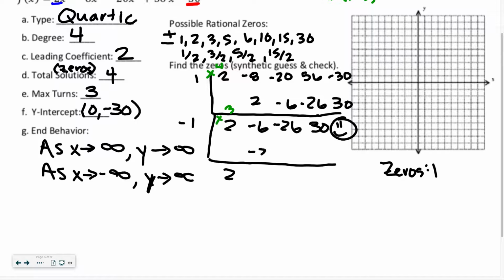Okay, 2, negative 2, negative 8, 8. Oh, that's not going to work, is it? Okay, but let's try negative 2. 2, negative 4, negative 10, 20, negative 6.